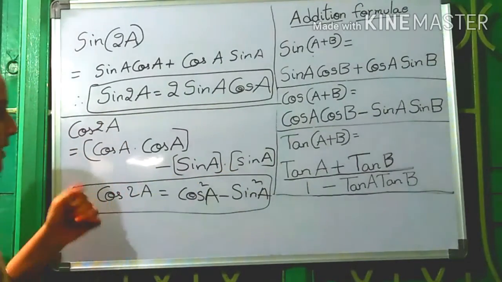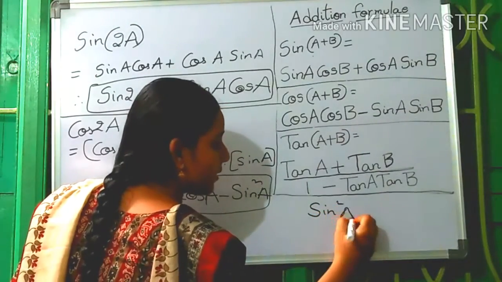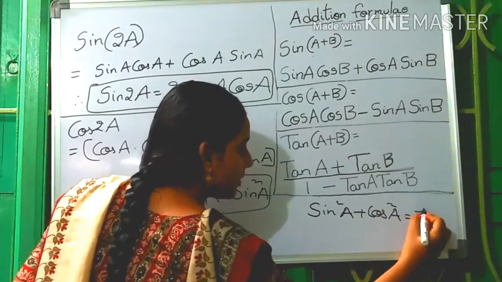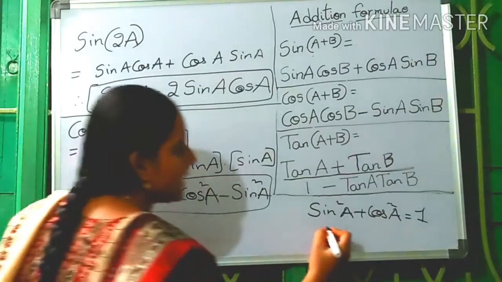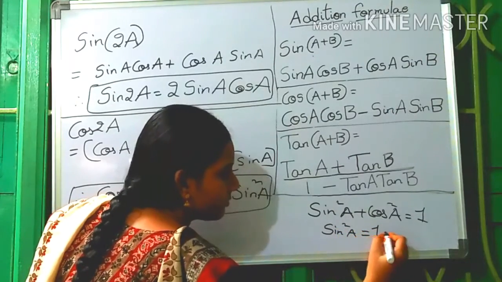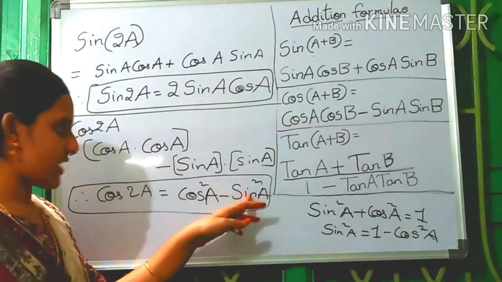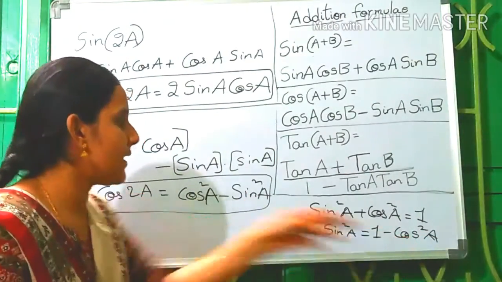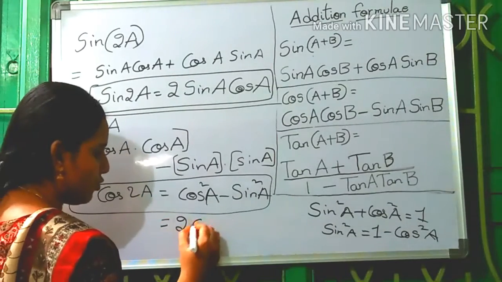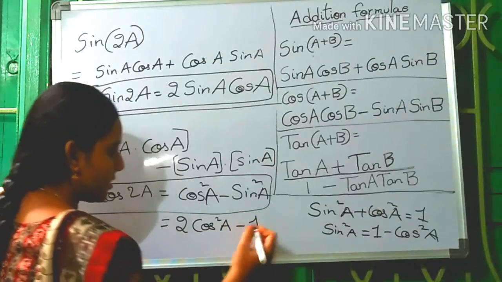This can be written in other ways also, because we know that sin square A plus cos square A is equal to 1. From that, sin square A is equal to 1 minus cos square A. In place of sin square A, if we put 1 minus cos square A, we get cos 2A is also equal to 2 cos square A minus 1.